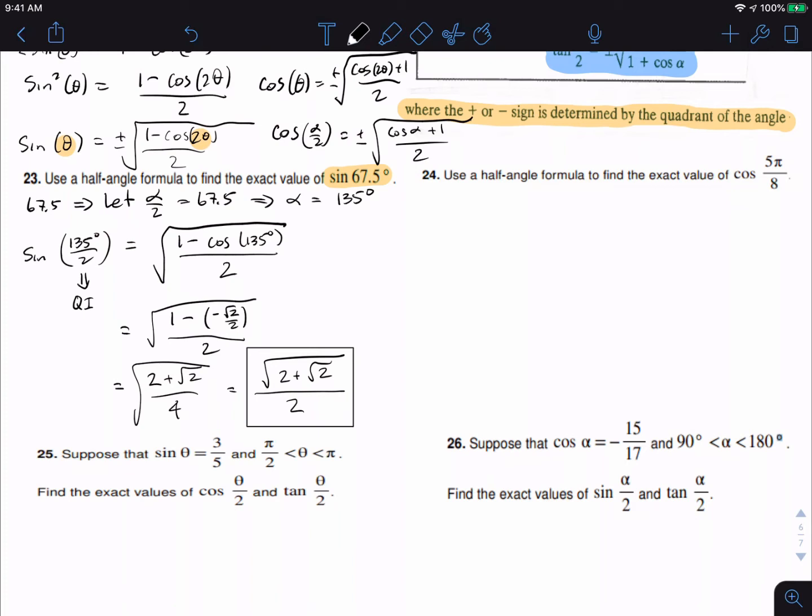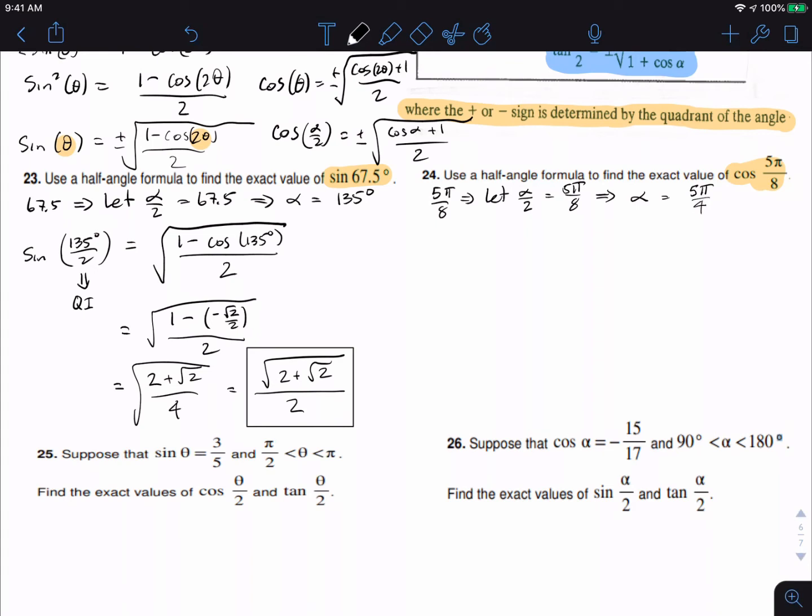So in radian, in this example now we're trying to get cosine of 5 pi over 8. And so since we're doing cosine, let's set this up. So 5 pi over 8, we're going to let alpha over 2 equal 5 pi over 8. And so that's going to give me that alpha is 5 pi over 4.